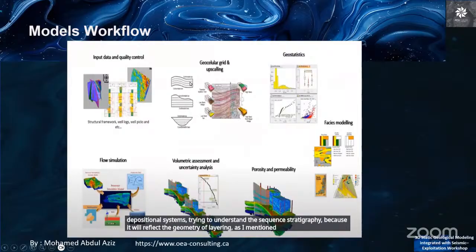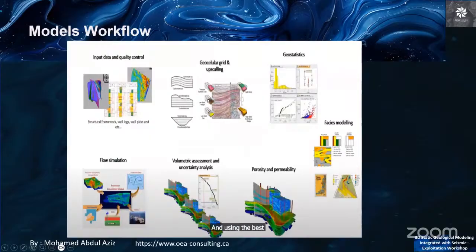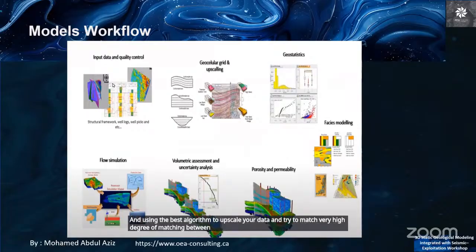Then going for the geocellular grids and upscaling the logs, using the best algorithm to upscale your data and trying to get a very high degree of matching between the upscaled and the log data.